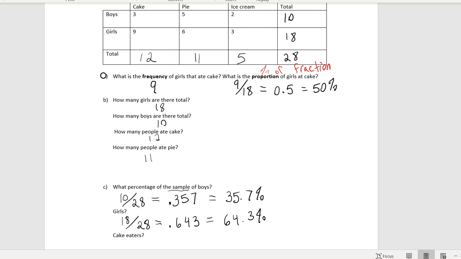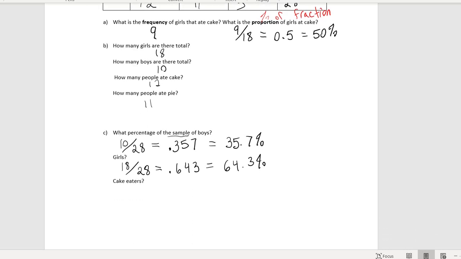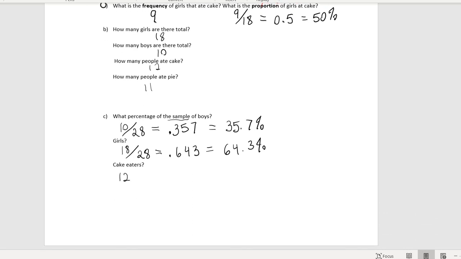Now for the amount of cake eaters, we're going to have 12 out of 28, so we had 12 cake eaters out of the 28 people that we saw total. So 12 out of 28 would give us 0.429, which in percentage is 42.9%.